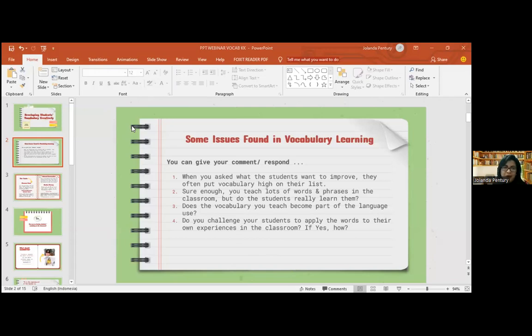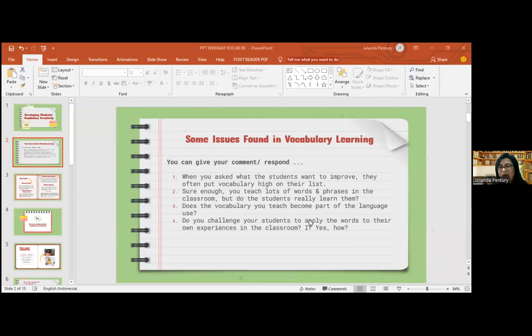And the second one, sure enough, you teach lots of words and phrases in the classroom, but do the students really learn them? Actually, after we teach some text, and we found some difficult or new vocabulary, and then we give it to them, in fact, they never learned it.